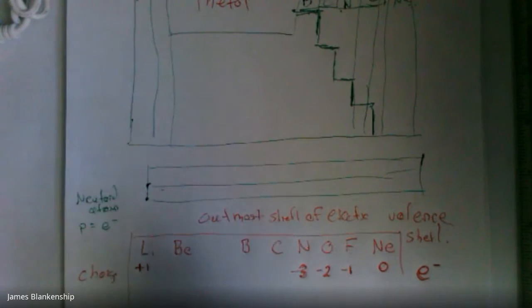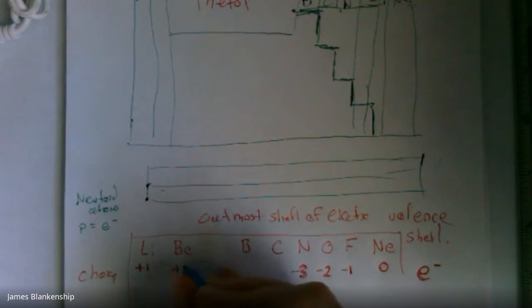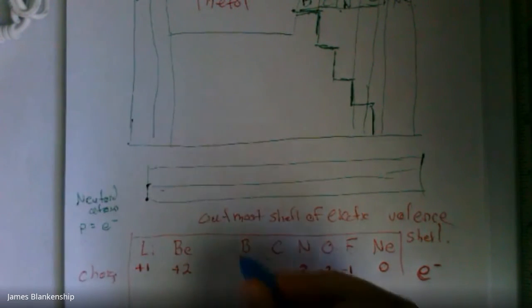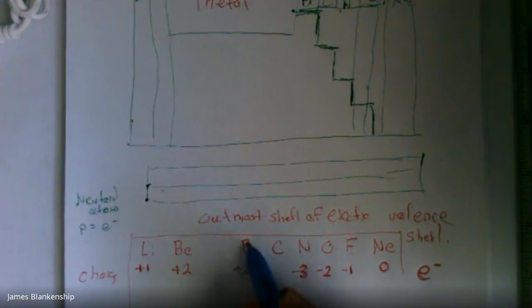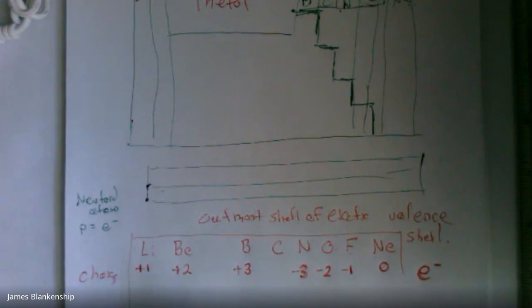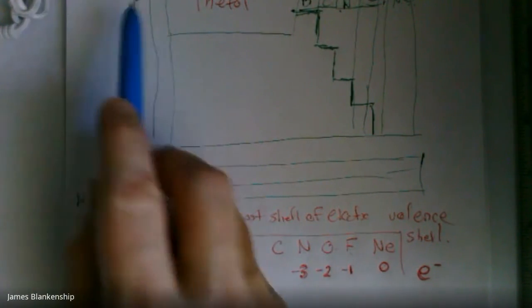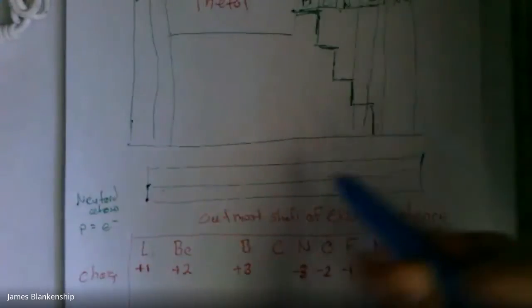Beryllium drops 2 electrons and becomes +2. Boron drops 3 electrons and becomes +3. Aluminum, which is in the same column as boron, would behave the same way. So this is a general pattern that turns out to be true for these columns.